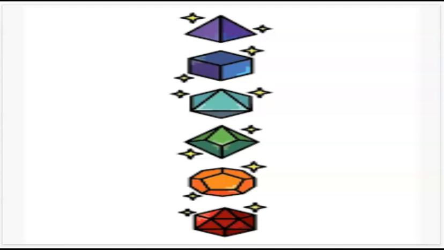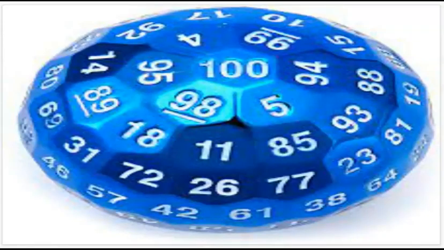Okay, let's quickly go through the dice in your set. We're going to go through the dice from the largest to the smallest. A D100. Your dice set will not come with one of these. They're always purchased separately. They are a very large die with 100 sides.